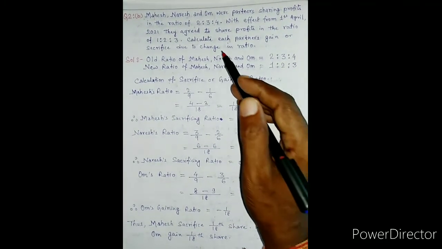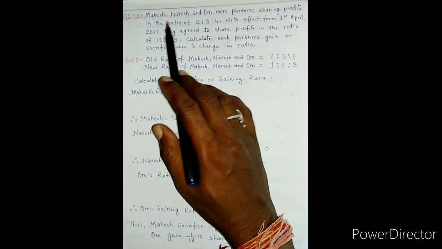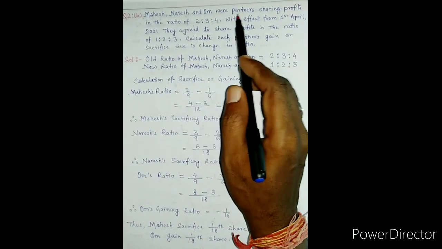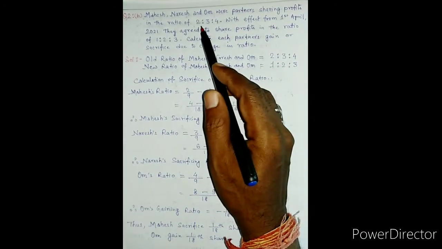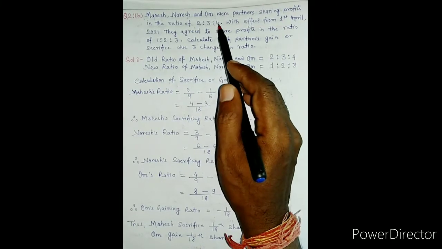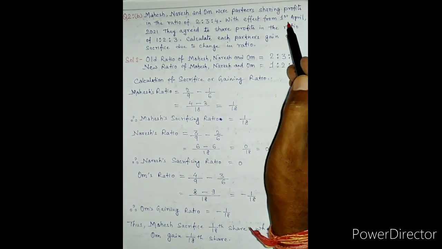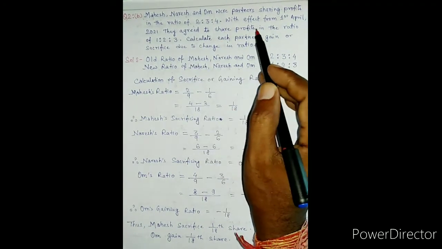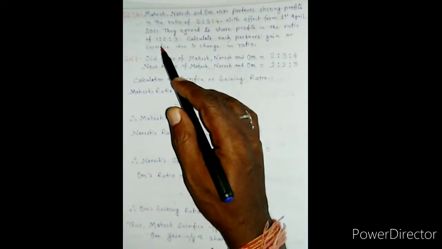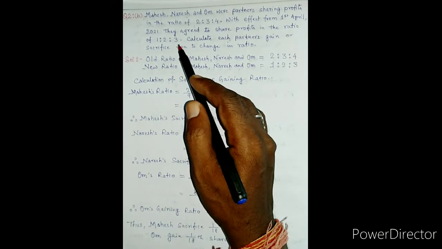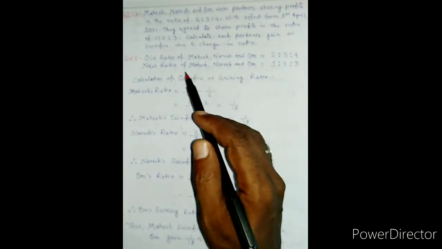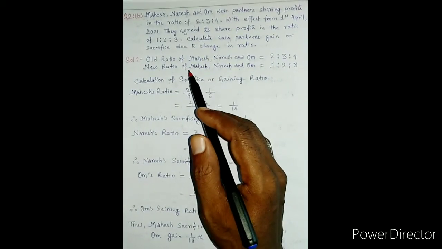So in this question there are three partners, Mahesh, Naresh and Om, and they were sharing their profit in the ratio 2 is to 3 is to 4. This is their old ratio. They decided that from 1st April they will share their profit in the new ratio, that is 1 is to 2 is to 3. Now we have to calculate their sacrificing or gaining ratio.